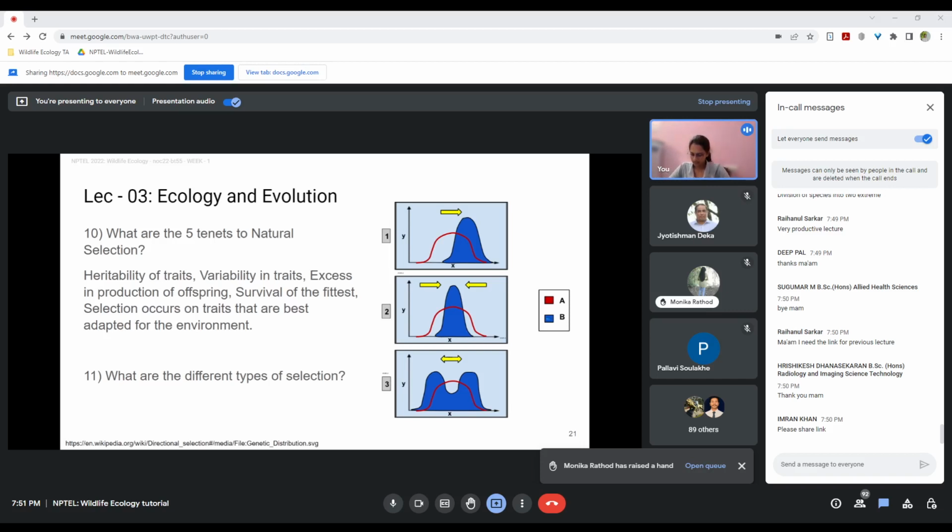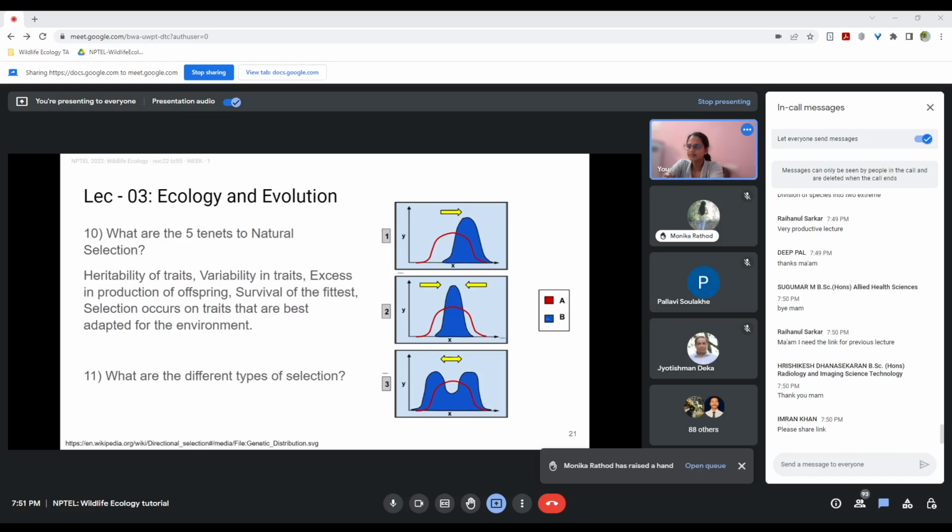Okay, so I'm going to ask an extra question. What are the levels of organization in ecology? Do you have any idea? Cellular level, tissue level, organ level.